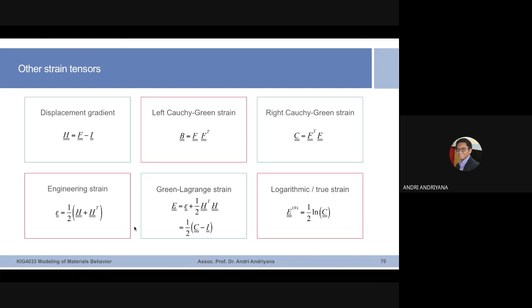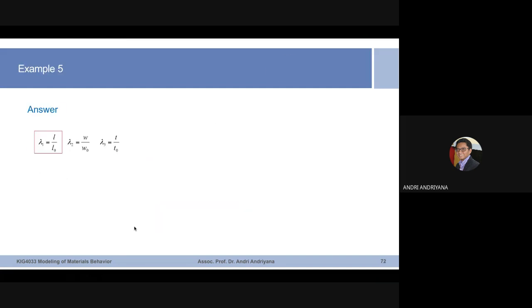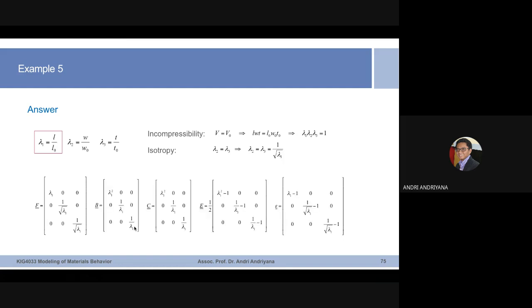It's just matrix operations, very straightforward and very easy, because I already helped you get the F. Once you get the expression of F, you just do the matrix calculations. From there you can get the matrices B, C, E, and also epsilon.